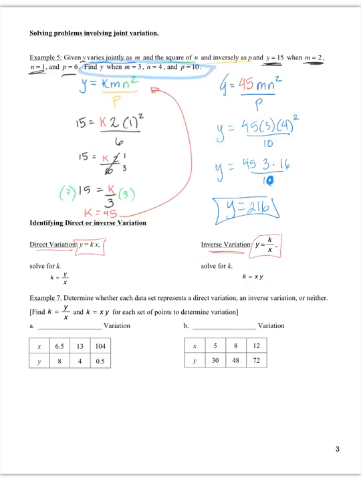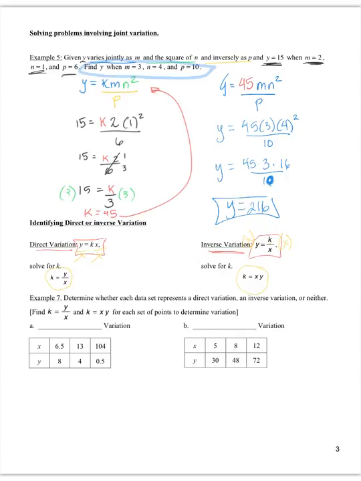So if I were to solve for k in this equation, I would divide both sides by x, and I'd get k equals y over x. So that's how you identify the constant of variation for the direct variation problems. If I'm looking at my inverse variation general equation, I would be multiplying both sides by x. So then k would equal x times y.